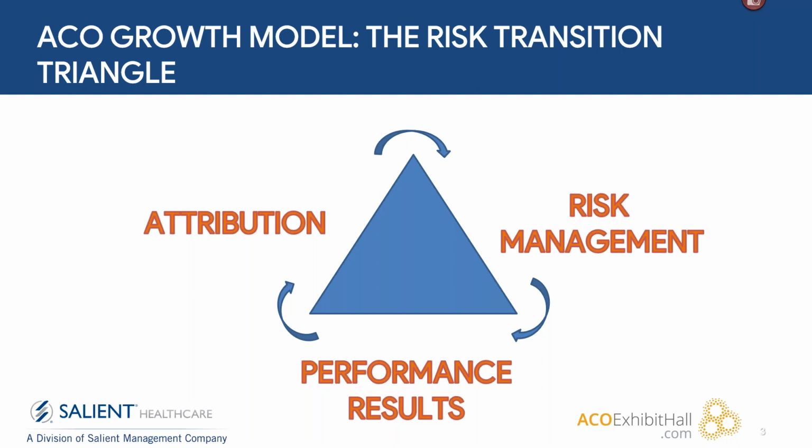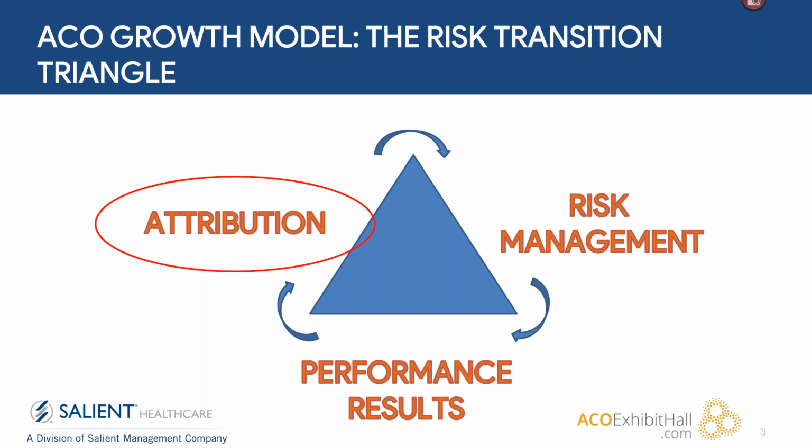Ryan. All righty, thank you, Dr. Schmitt. Now, the reason that we placed attribution at the starting line is because having control of your own population is going to build the basis for everything that comes after. If you're consistently losing beneficiaries due to plurality of care or just because your providers aren't seeing them, then it becomes extremely difficult to calculate performance because you introduce a lot of volatility to your data.